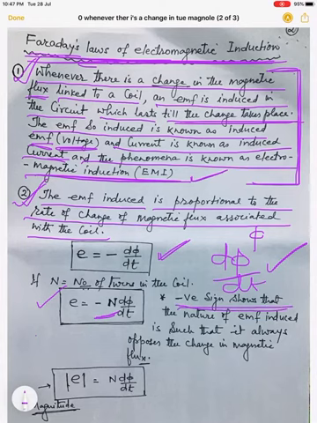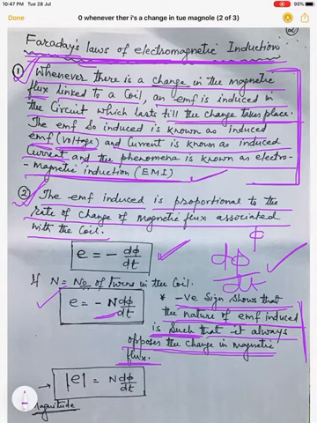And here the negative sign plays a vital role. The negative sign shows that the nature of the EMF induced is such that it always opposes the change in magnetic flux. This is very important to understand. The EMF is produced by the change in magnetic flux, but its nature is such that it opposes the very cause of change. This is very important because that gives the direction of induced current in the circuit.